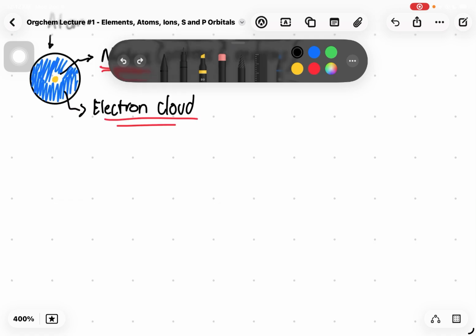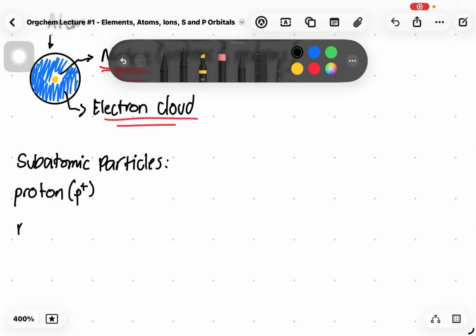Let's get to know the particles found in an atom. We can call these the subatomic particles. Commonly, we have three particles in particular. The first one is the positively charged particle known as the proton, which we can denote as P+.